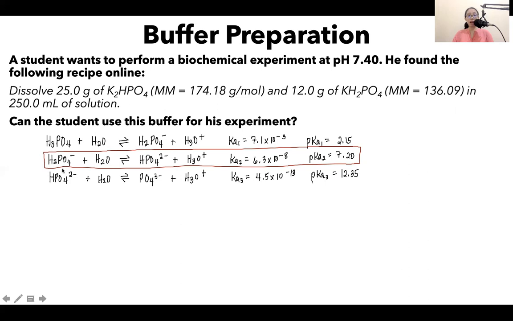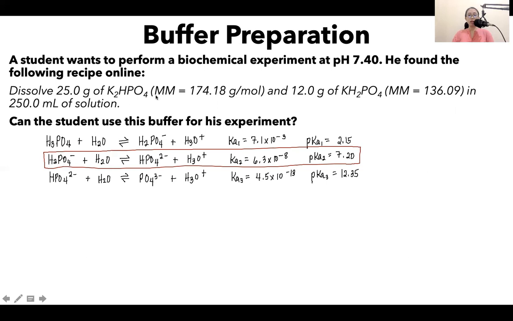You have dihydrogen phosphate, which will come from this reagent, KH2PO4. And we also have HPO4, or hydrogen phosphate, from K2HPO4. So which is our conjugate base? HPO4 2 minus, hydrogen phosphate. And our weak acid is dihydrogen phosphate.